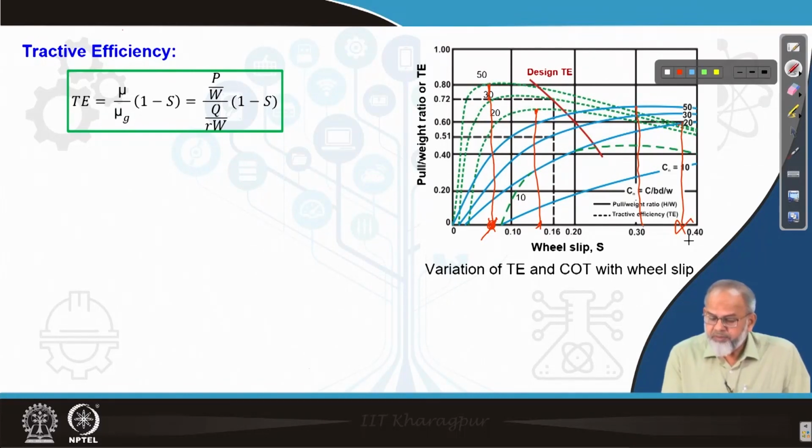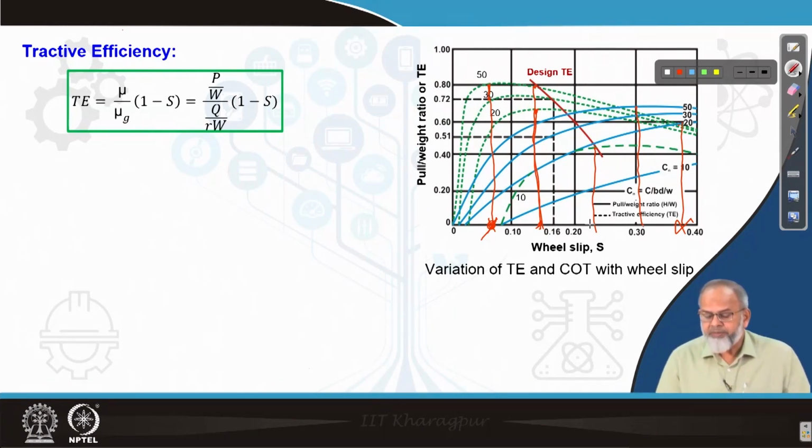Okay, so that's why a design tractive efficiency curve is given. At the higher wheel numeric values, the corresponding slip is 15%. At lower wheel numeric values, the slip is more than 25%.